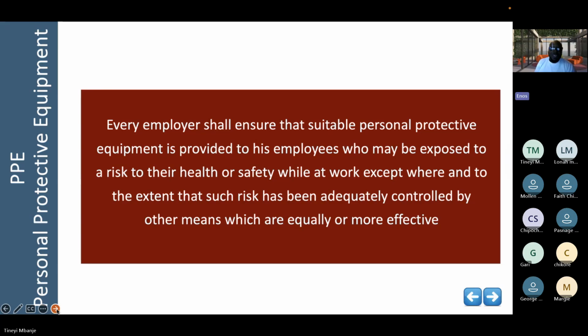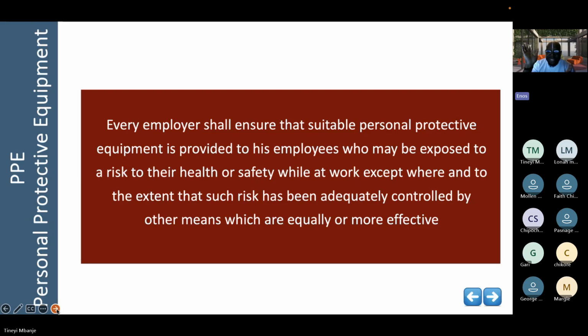So there is the Personal Protective Equipment regulation. All our regulations work together, people. Your risk assessment regulation will never contradict your COSHH regulation. It will never contradict your PPE regulations 2022.